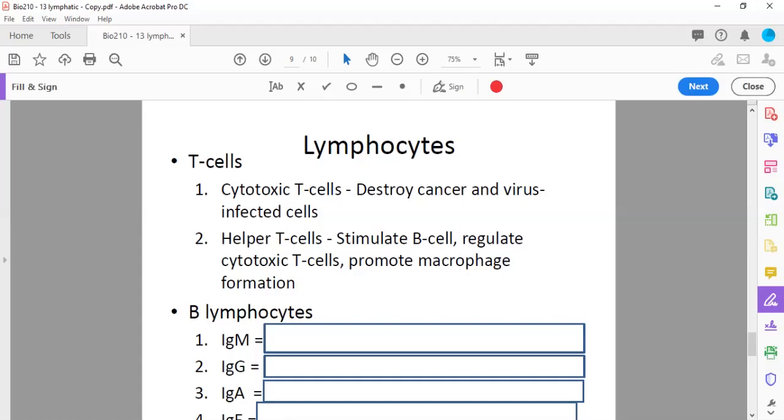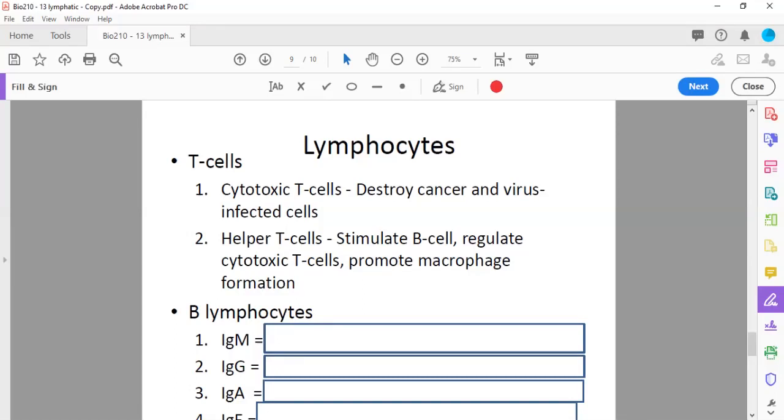In addition, the helper T cells also regulate the functions of cytotoxic T cells, meaning that it regulates the amount of cytotoxic T cells. The more cytotoxic T cells you have, the more front line defense you can have.